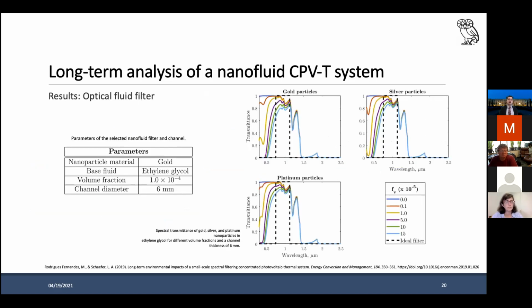We selected the optical fluid filter based on the spectral matching between the transmittance of each nanofluid and an ideal transmittance window for silicon solar cells, which is represented in the figures as the dashed lines. The gold nanoparticles in ethylene glycol were selected for their better spectral matching, with a volume fraction, or again, concentration, of 10 to the minus 4.